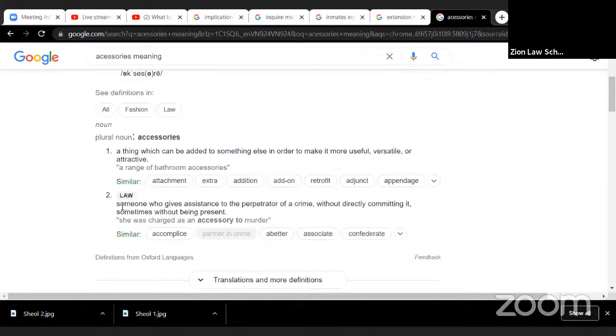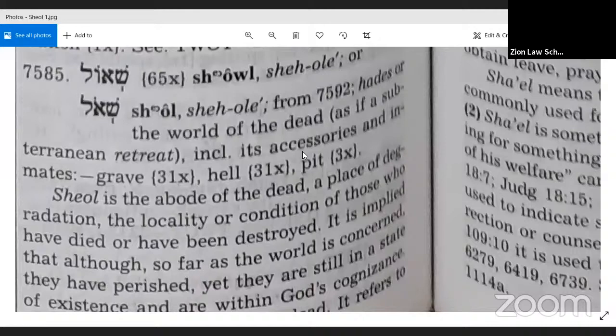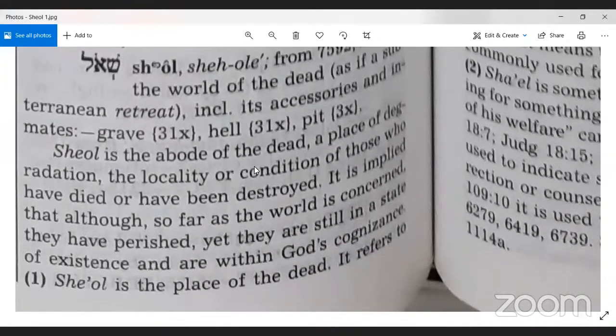So are the accessories someone who gives assistance, right, to the function of hell? Or is it a thing that can be added to hell, right? Yeah. That's what it's saying to us, right? So what, they're going to offer us water?